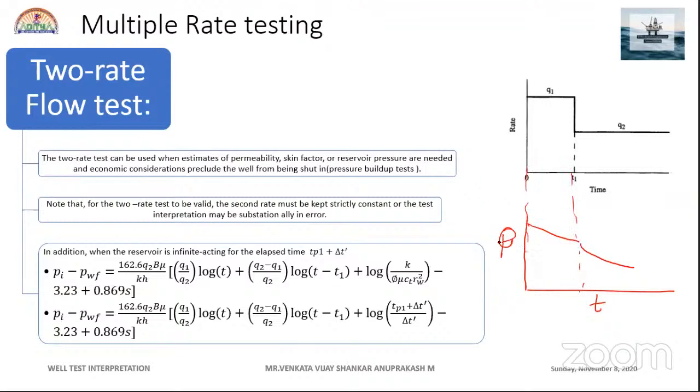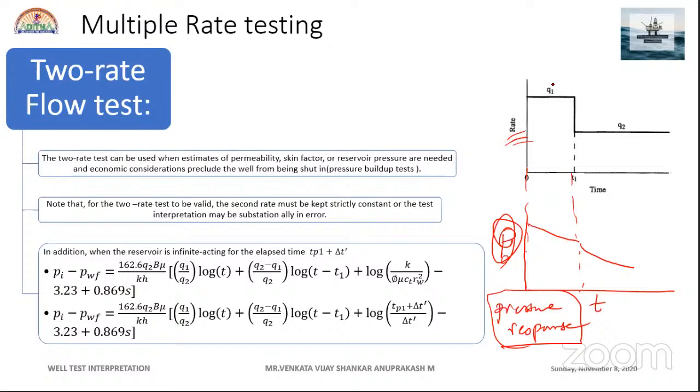So why am I every time drawing this with respect to this? Because by applying the rate only, we are getting the pressure response. First we are applying the rate, and according to that, we are getting the pressure response. So this is the condition.